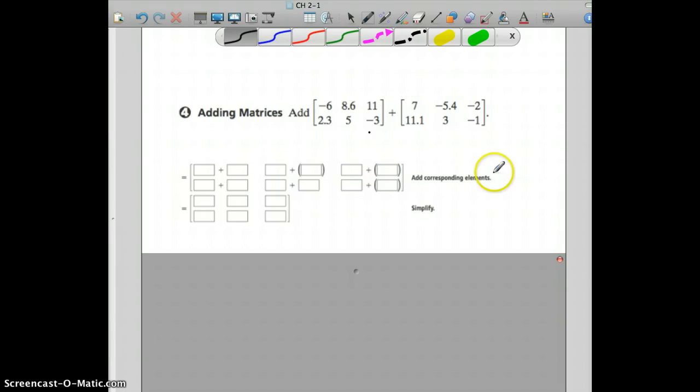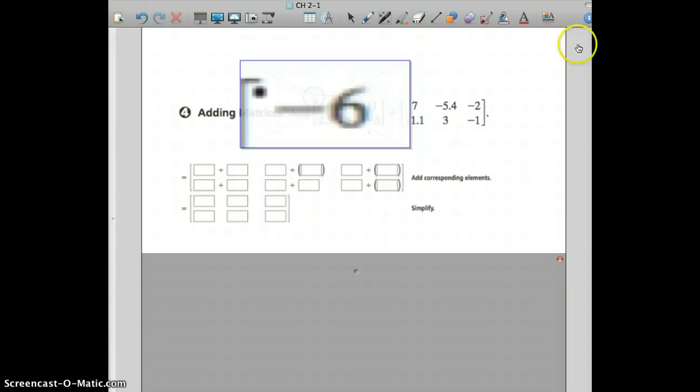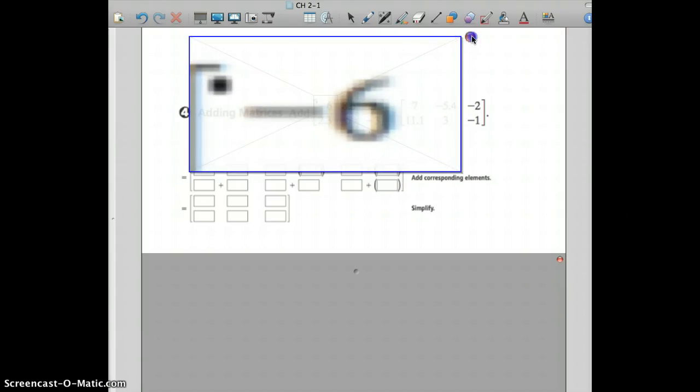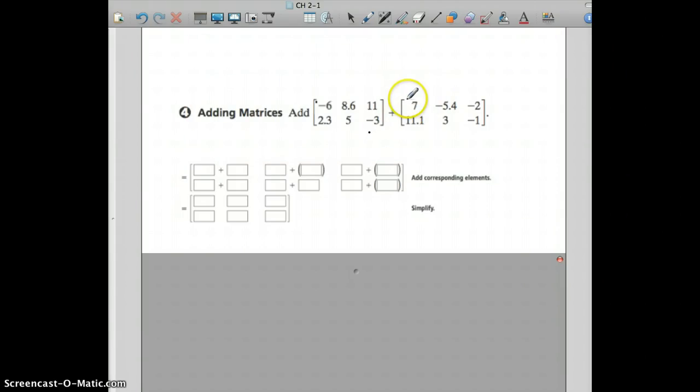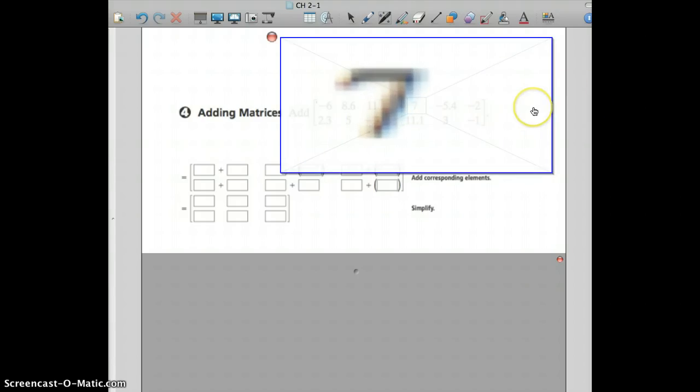We then add the corresponding elements, which means if you have a number in the first block of the first matrix, the -6, we're going to add that to the number in the first position of the second matrix, which is 7.